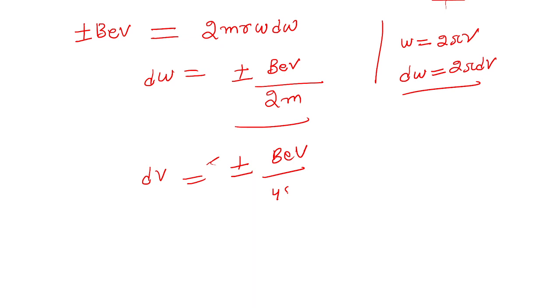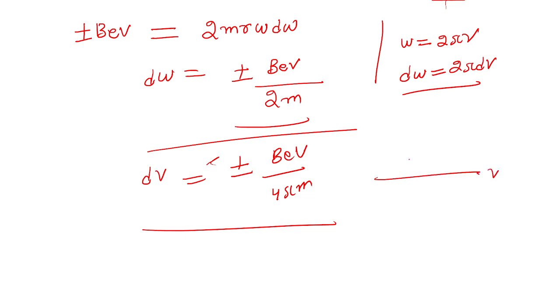This d nu is the difference between the spectral lines' frequencies. This is the original line with frequency nu, and there are two other spectral lines, so there will be a difference of d nu: nu minus d nu and nu plus d nu. I'm sorry, this is nu, which represents the frequency. Now this is the difference between the spectral lines in terms of frequency.